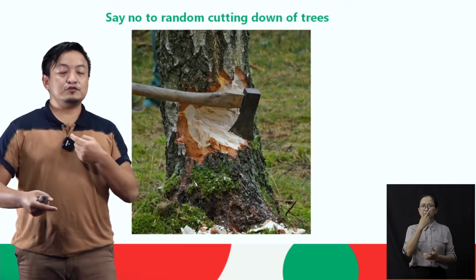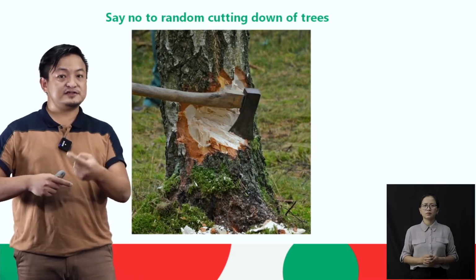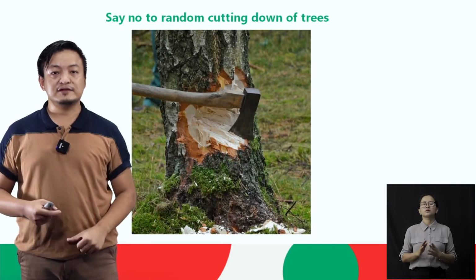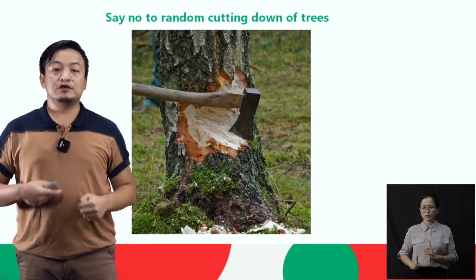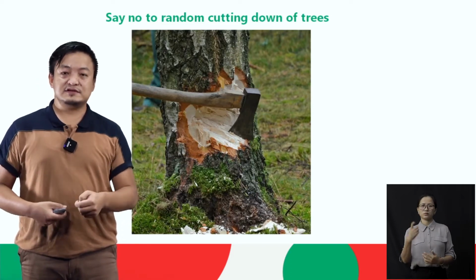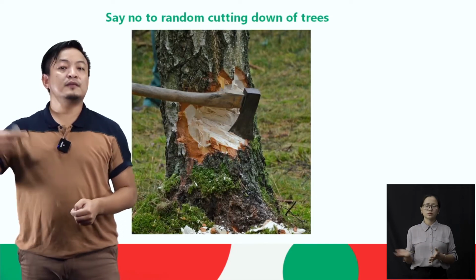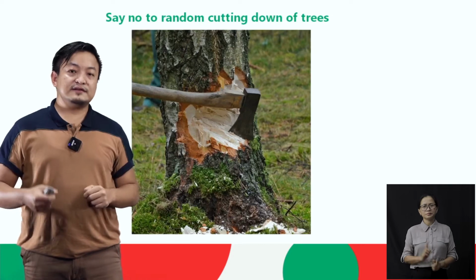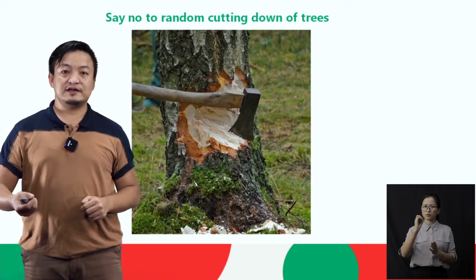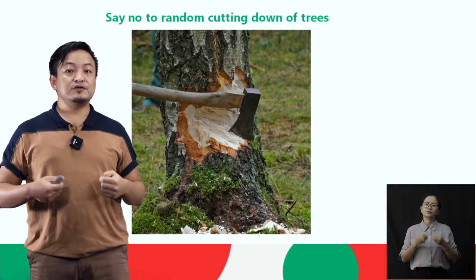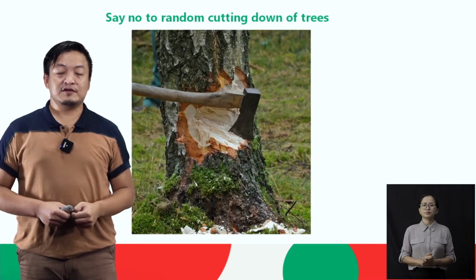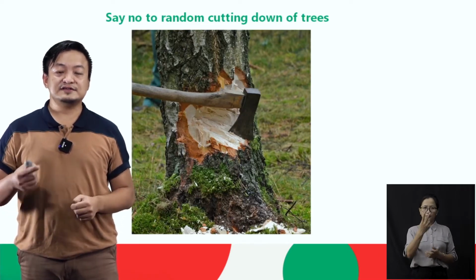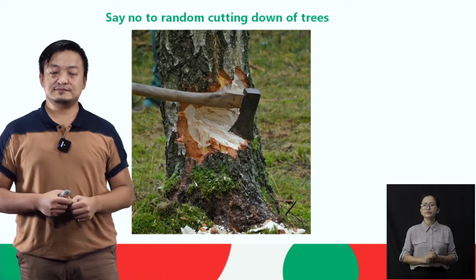So we can see here the exchange of gases between the plants and animals, right, students? We humans need oxygen, which comes from plants. And the plants need carbon dioxide, which they get from humans, right? So students, here we can see the exchange of gases.